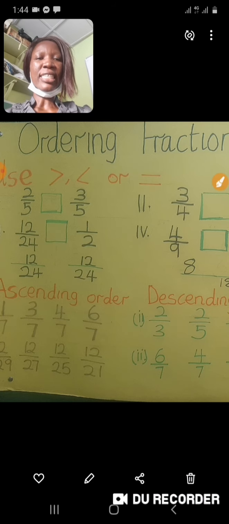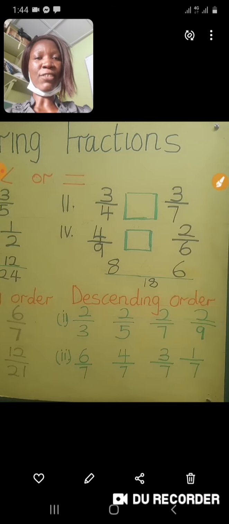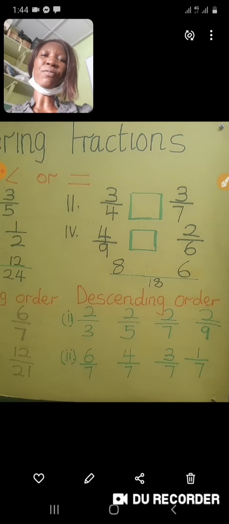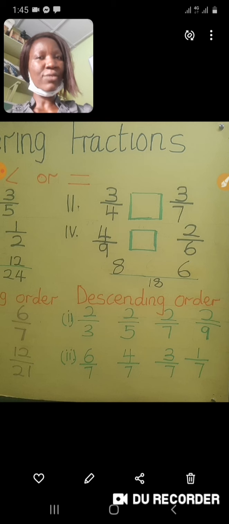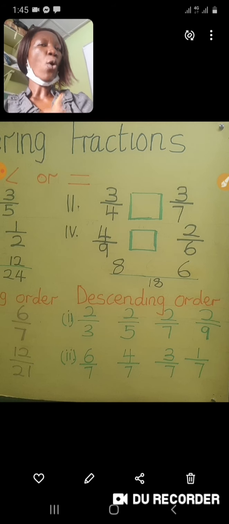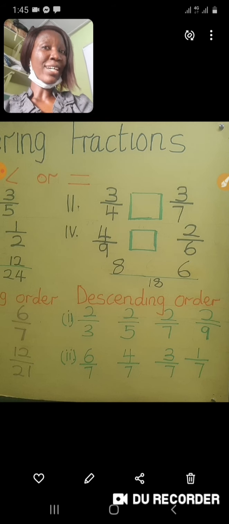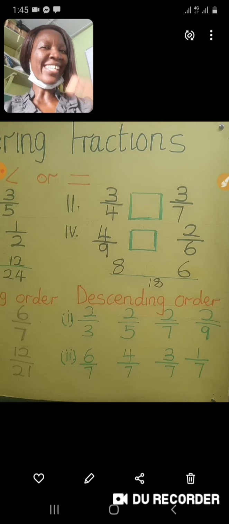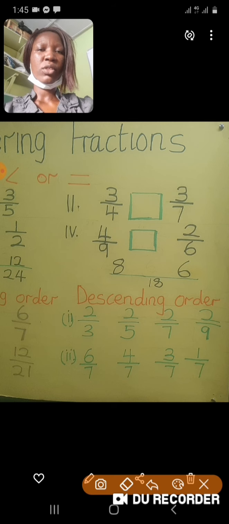Okay. The next example is the same thing as the first one. We have 4 out of 9 and 2 out of 6. Remind me, what did I say we are going to do? Yes. Find the LCM. So let's find the LCM of 9 and 6.